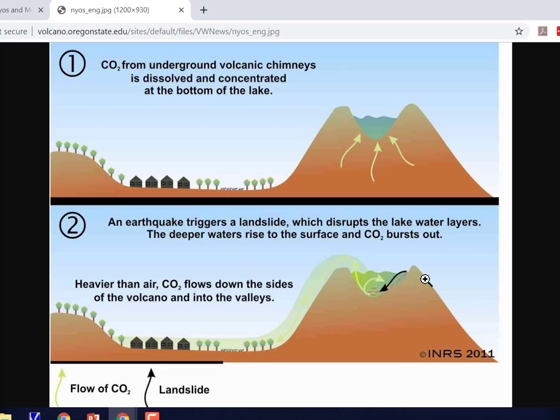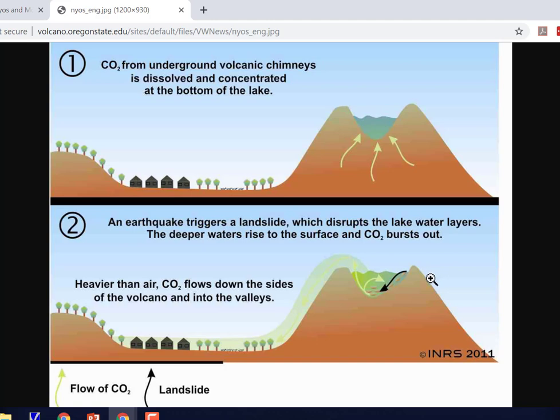Volcanoes give off carbon dioxide. And all that carbon dioxide is going to dissolve into that water down at the bottom. No problem, because you can dissolve a lot of carbon dioxide. Unfortunately, there was a little landslide on the edge, which made some turbulence in this deep, still lake and stirred up the bottom.